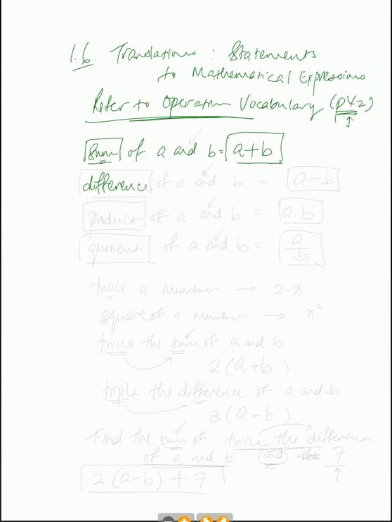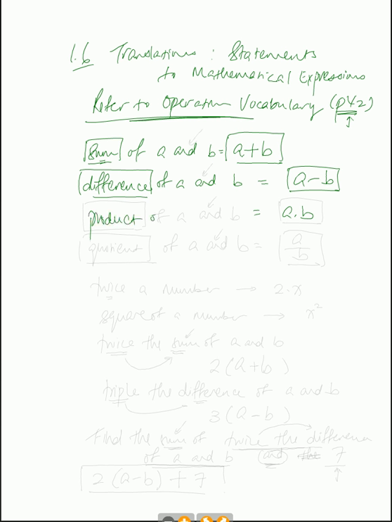Now, if I want to change this to subtraction, then the more common word I would use is difference. When you see difference, again, I would say of A and B. So this "of A and B" doesn't really mean much. It's the word that's in front that matters. Because it says difference, it's A minus B. Now, what would I say if I want to say A times B?